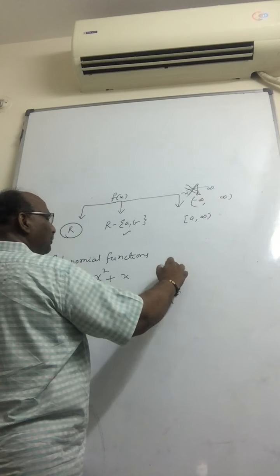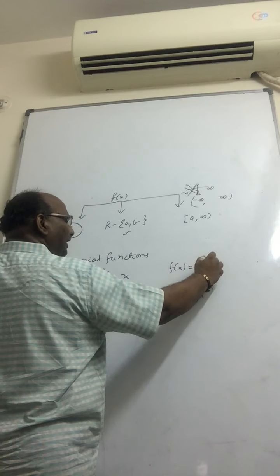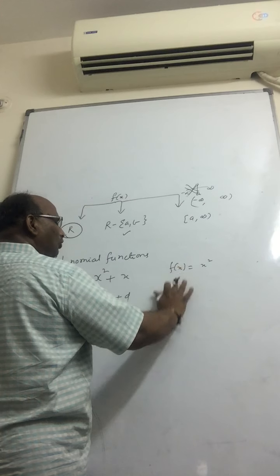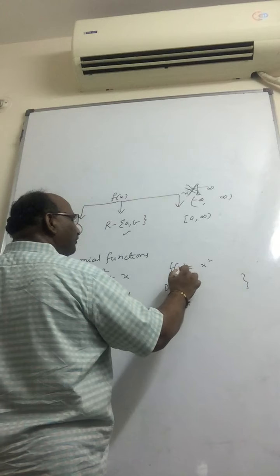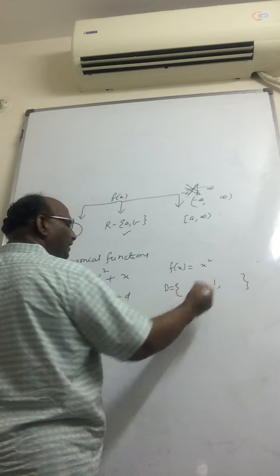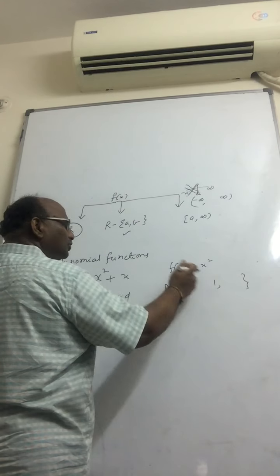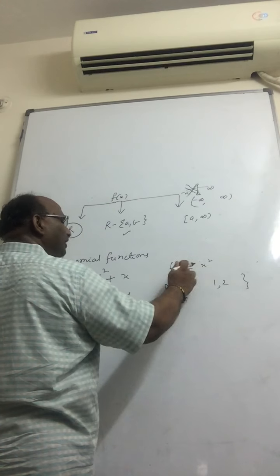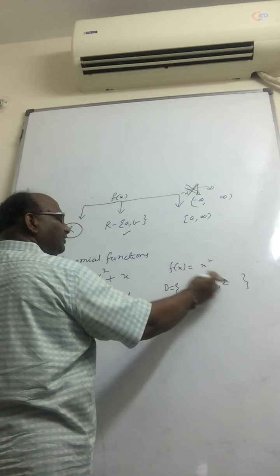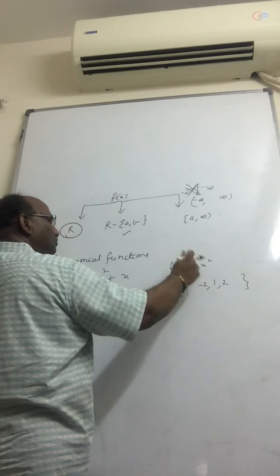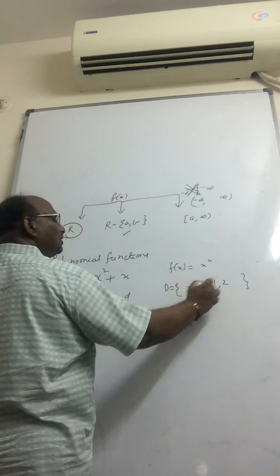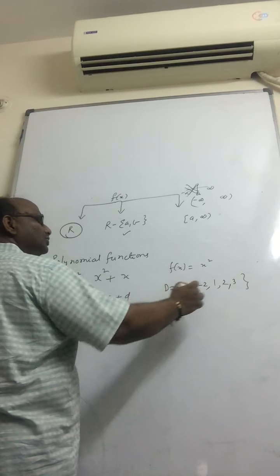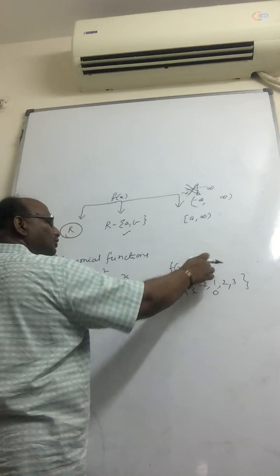Why? Suppose you take x square. So how to find the domain? Domain means we are interested in x values. If you take x as 1, it has value, so it is defined for 1. 2, f of 2 here is 4, it is defined for 2. Minus 2, f of minus 2 is 4, it is defined for minus 2. 3, it is defined. So 0, we don't have trouble, 0 also has value.